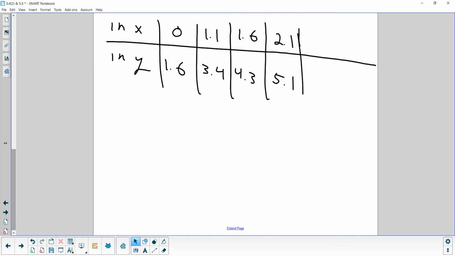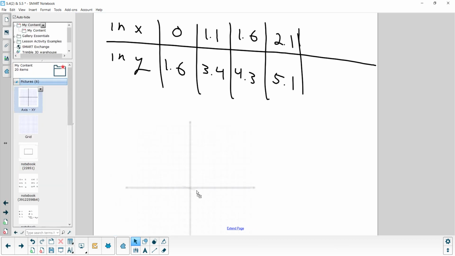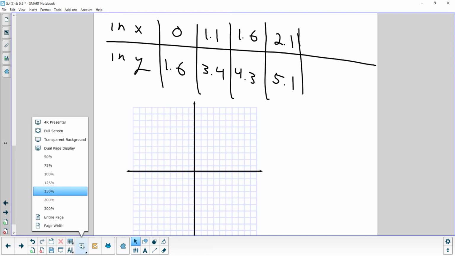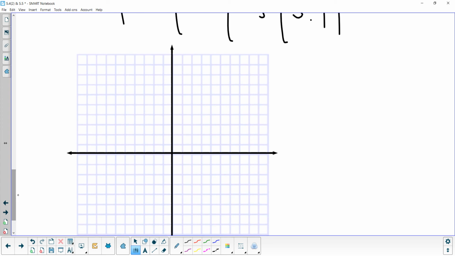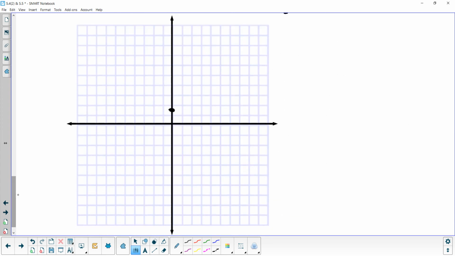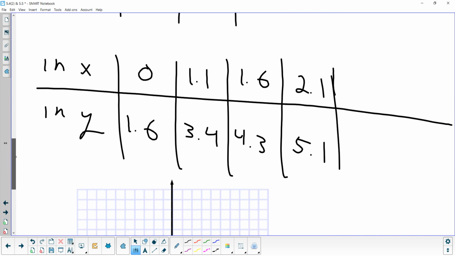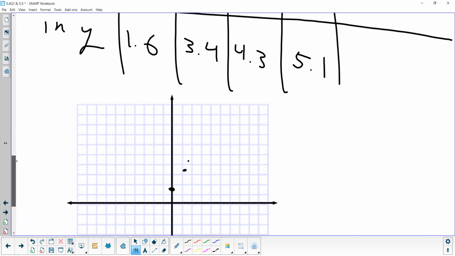All right, so let's take this kind of graph paper and plot the points. 0, 1.6. 1.1, 3.4, about like that. 1.6, 4.3.